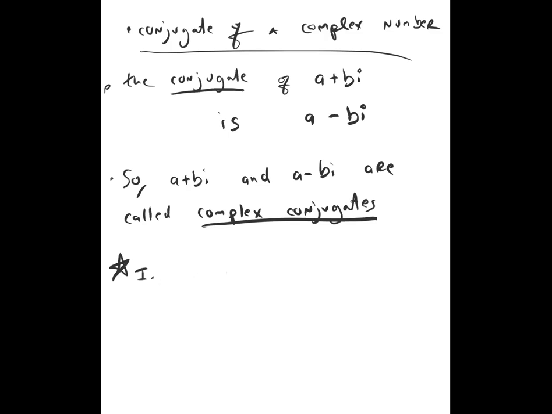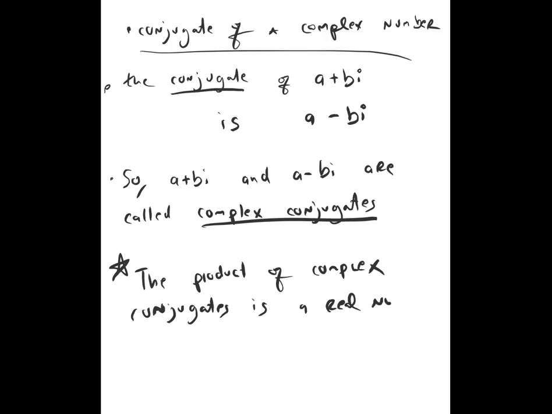Or let's say the product of complex conjugates is a real number, which is really nice, and is going to be important as we continue in this chapter. If we multiply complex conjugates, it just gives us a real number.